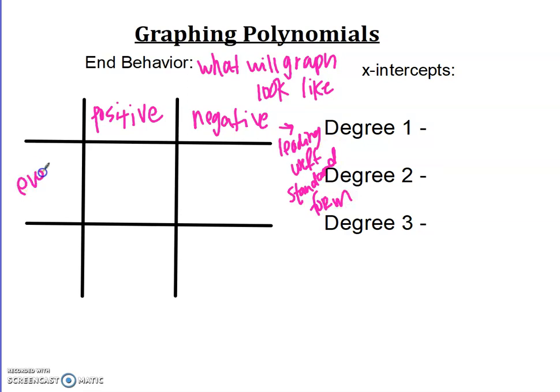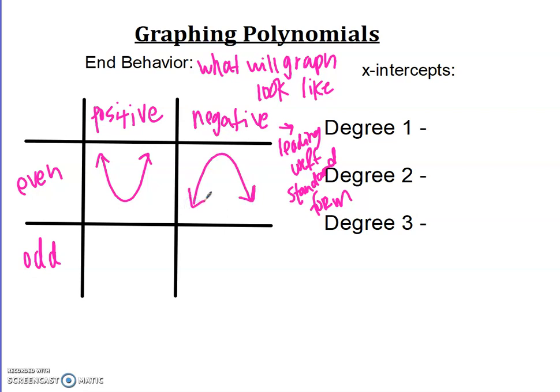Then we're going to look at the degrees. Whenever they're multiplied all together, whenever you just have a bunch of parentheses, you're going to add them up. If it's even positive, the end behavior is going to be pointing up in both directions. If it's even negative, it's going to be pointing down.